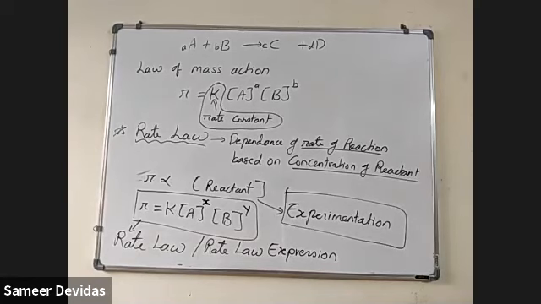Whichever is not required, I will tell you not to do. So the rate constant is defined as the rate of the reaction when the concentration of the reactant is at unity. Only do the definition. Other things I will tell you. Okay, first we will see the rate law. Some problems we will solve on rate law.